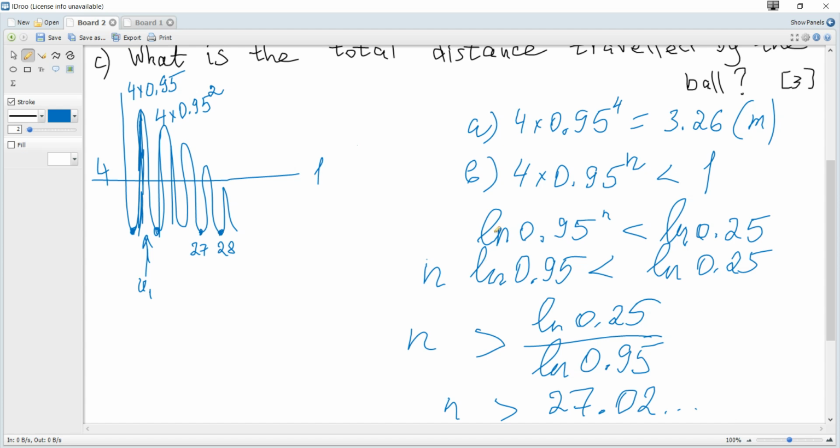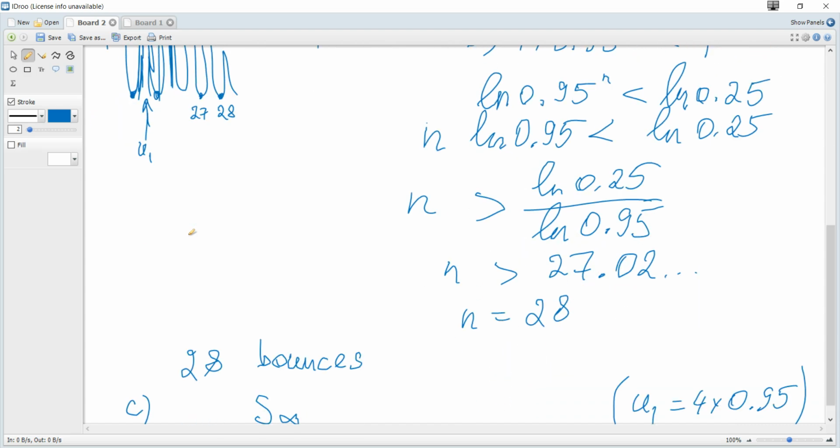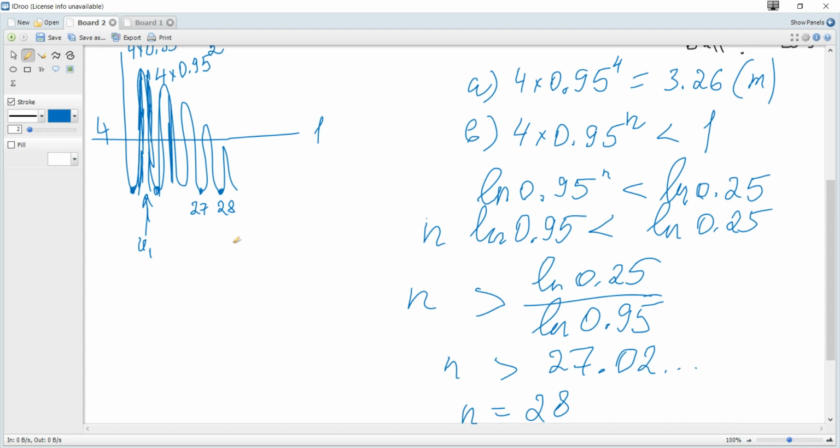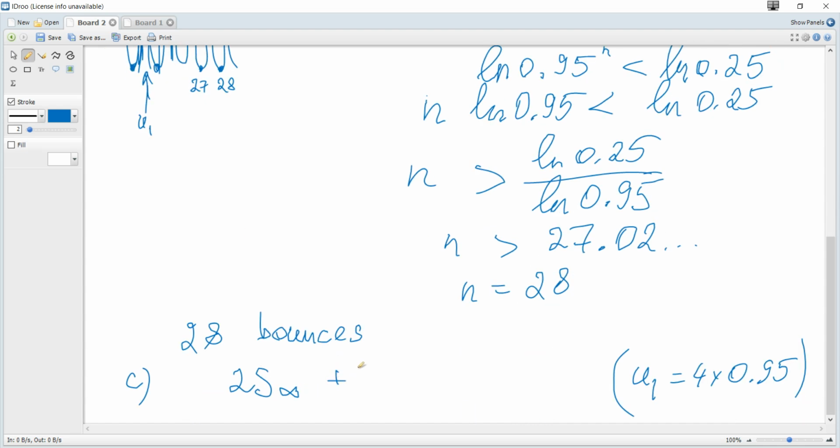But it moves to and from, so we should multiply by 2 and then add these 4 meters, this initial height, so plus 4.